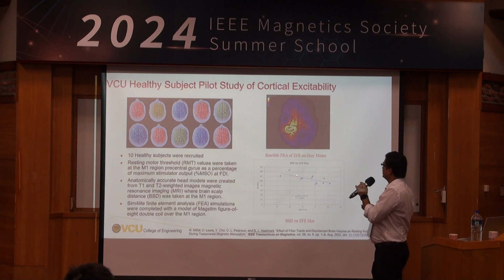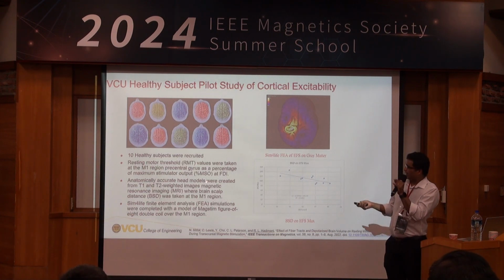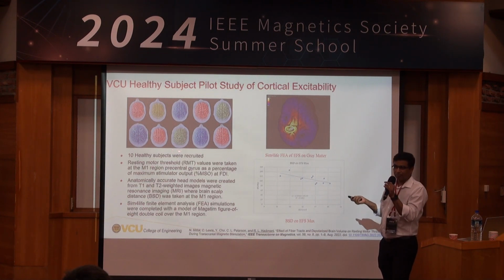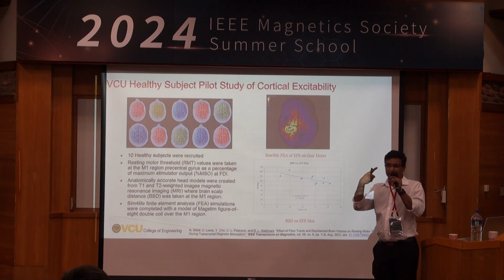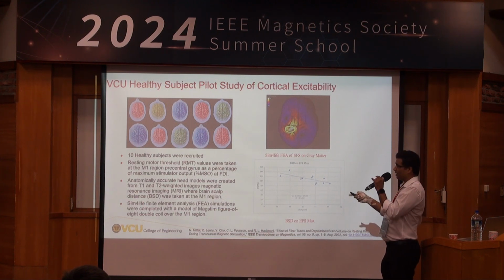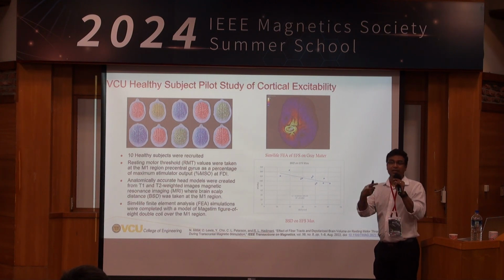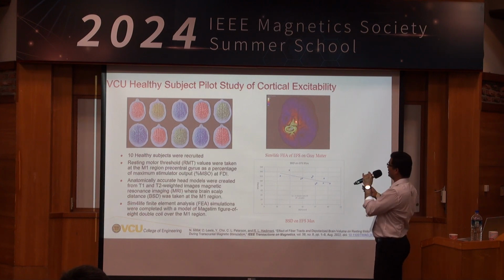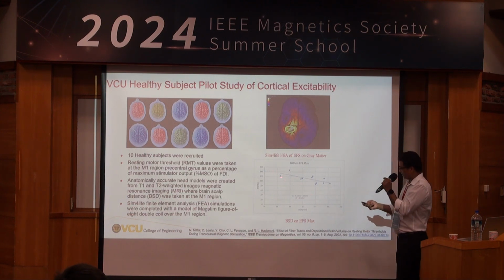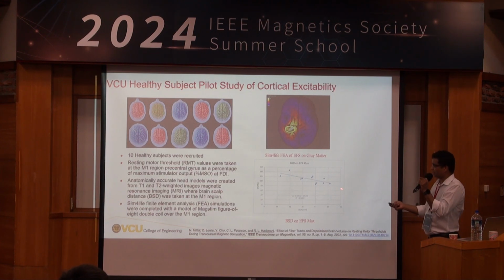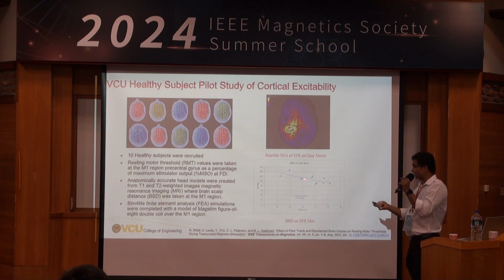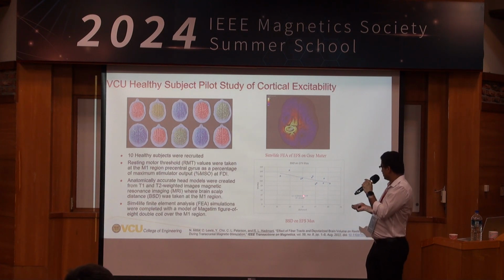So now again, we built the head models, and we took their RMT, whatever RMT they had, whatever dose they had, and for that dose we determined their induced electric field, and we compared the induced electric field to their brain scalp distance. You can see there is a nice correlation.